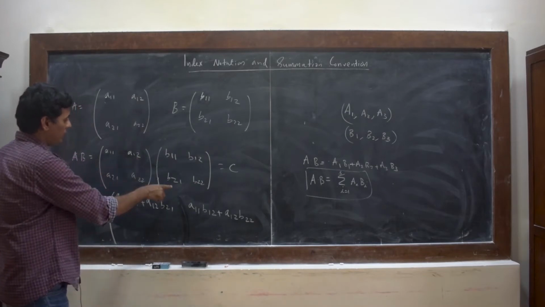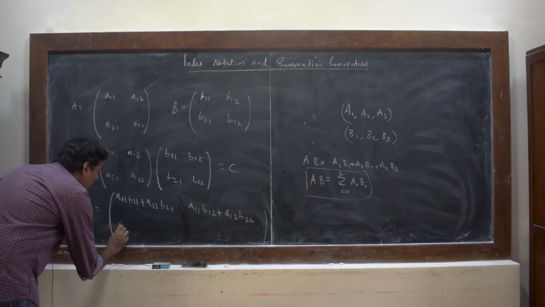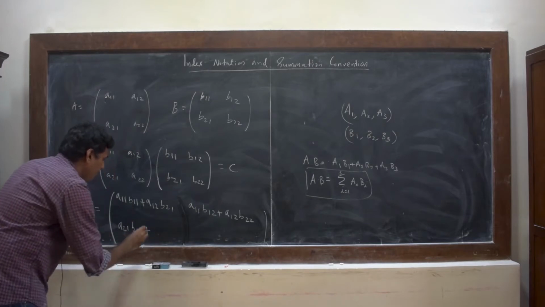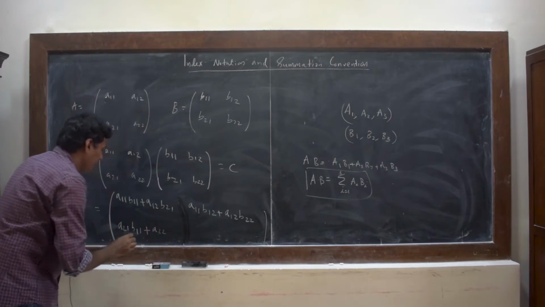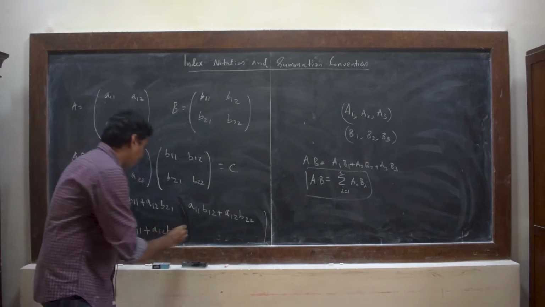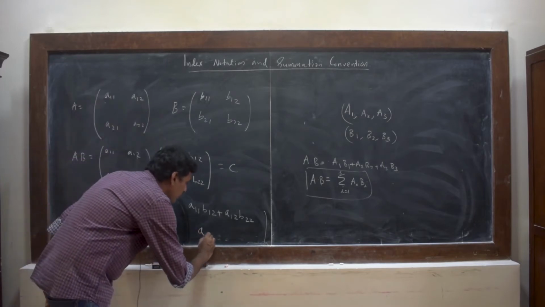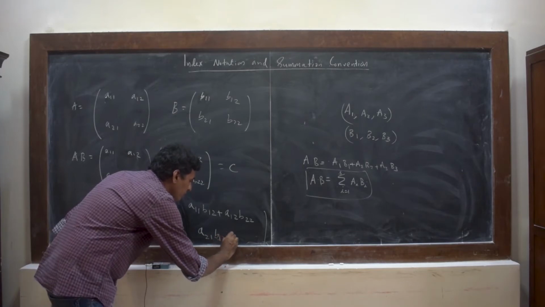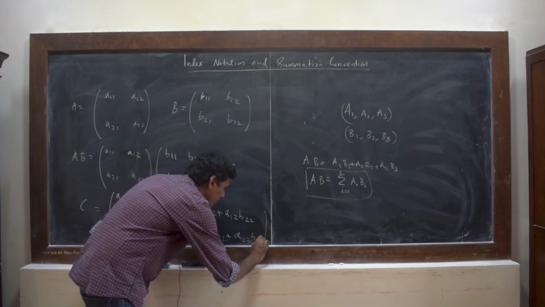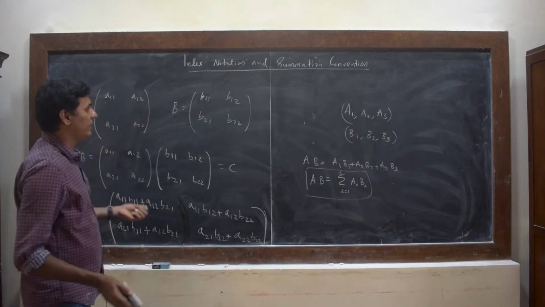This component will be equal to A21 B11 plus A22 B21, and the last component will be A21 B12 plus A22 B22. This will be the matrix. This is just the matrix multiplication. Now let's see what is C11.